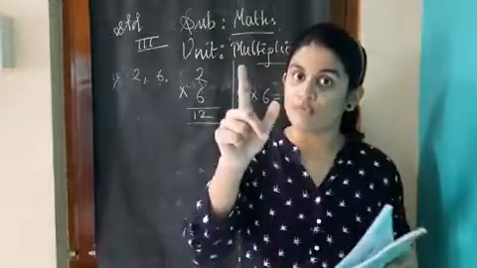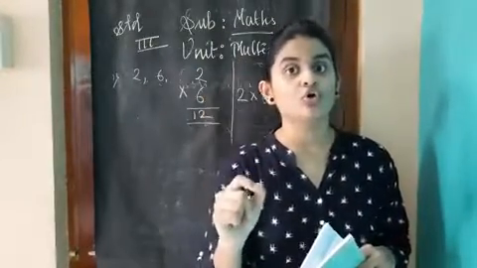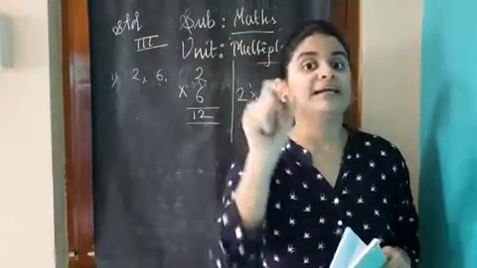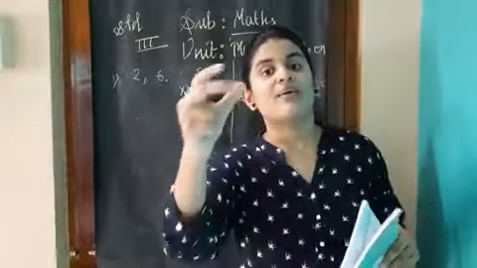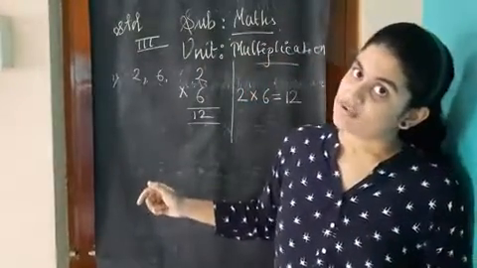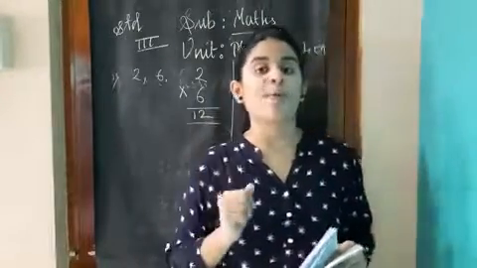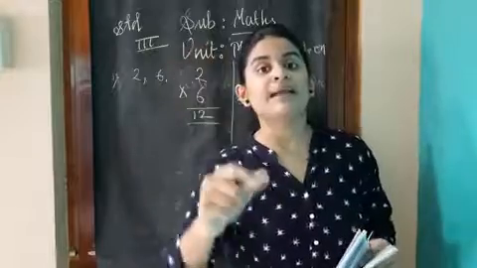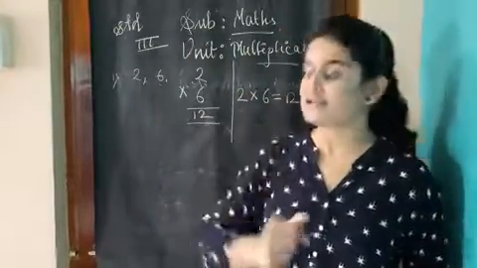Multiplication property of 1, multiplication property of 0, and the third one is multiplication property of commutative. Okay? So now let us revise these properties one by one. Let us start revising with our first property, that is multiplication property of 1.